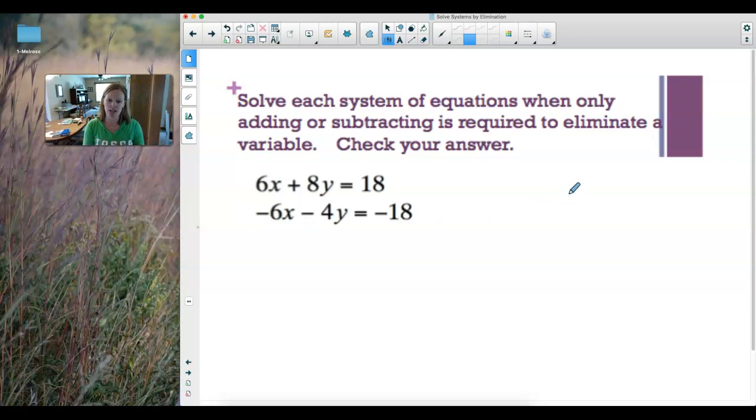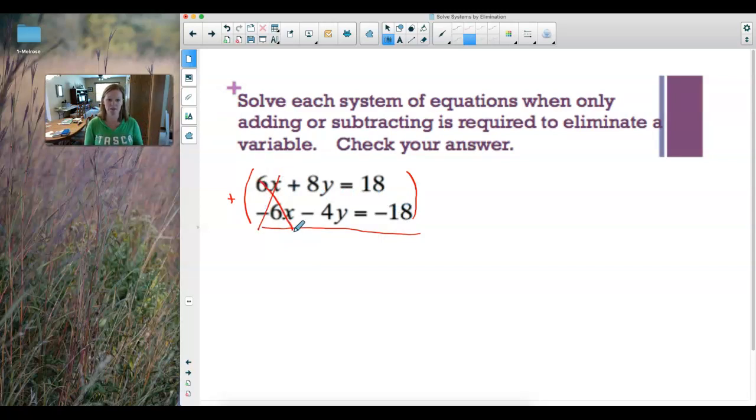Now, the elimination method really says that we are just going to take these two equations, and in this case, 6 plus -6, they end up canceling each other out. So we are going to literally eliminate one of the variables.